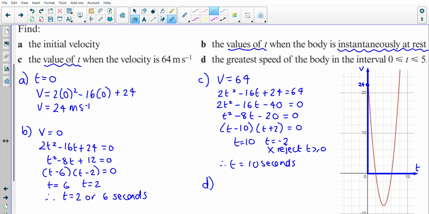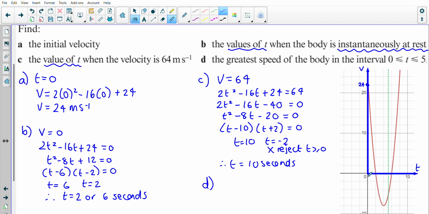So actually 5 is going to be, if I do a dashed line, there. Okay, so that's 5. So between 0 and 5, which is the greatest speed, well, it looks to me like the greatest speed is actually the 24 meters per second when t is 0.